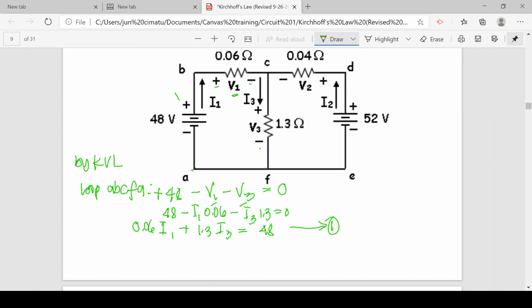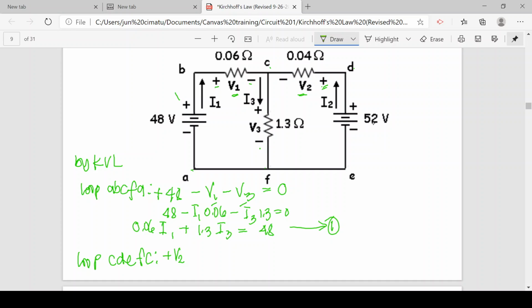We can now consider this is C, D, E, F, C, and apply KVL from C to D. We have the voltage B sub 2, and that is positive B sub 2 because we leave the positive terminal of the voltage B sub 2.